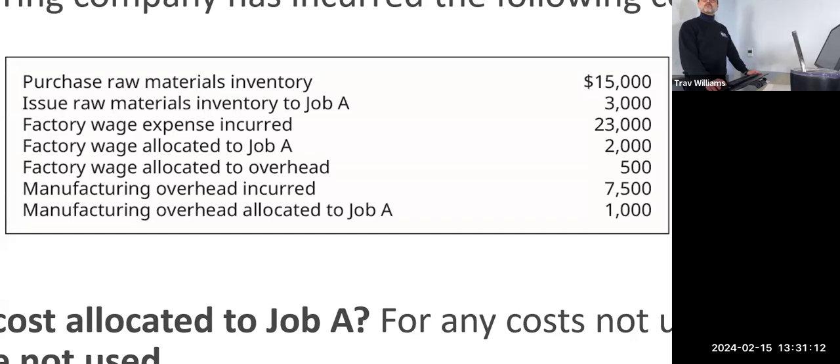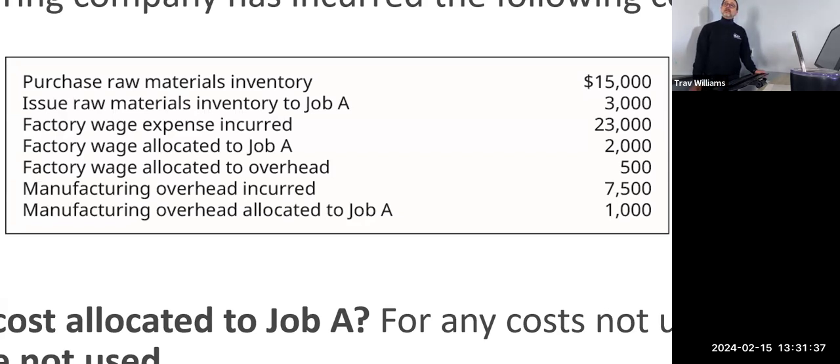Maybe like a sanitation, like a cleaning. Okay, yes, so it'd be indirect labor, right? If it's indirect labor and it's not going into a specific product, then it would go into manufacturing overhead. Then they incurred some manufacturing overhead costs, and then they allocated some manufacturing overhead to that particular job.